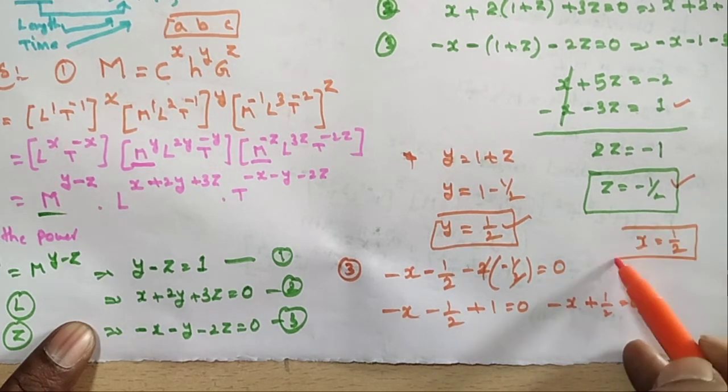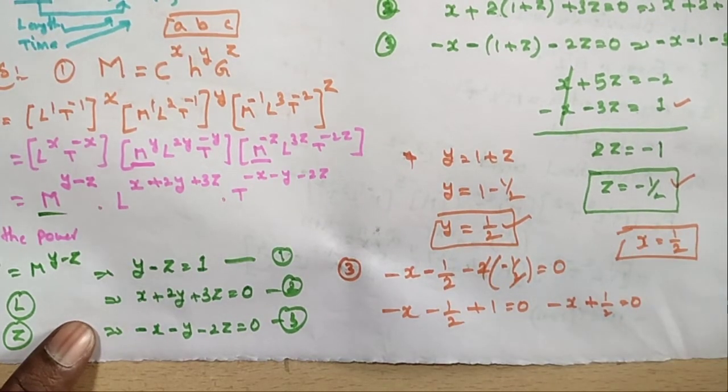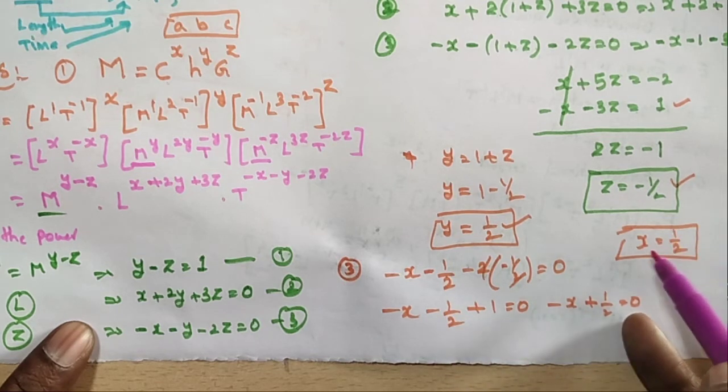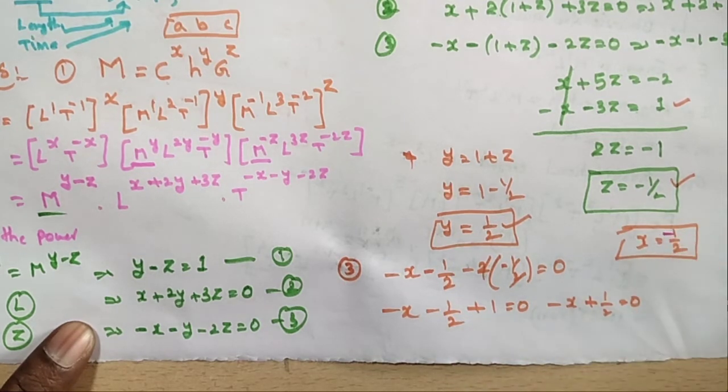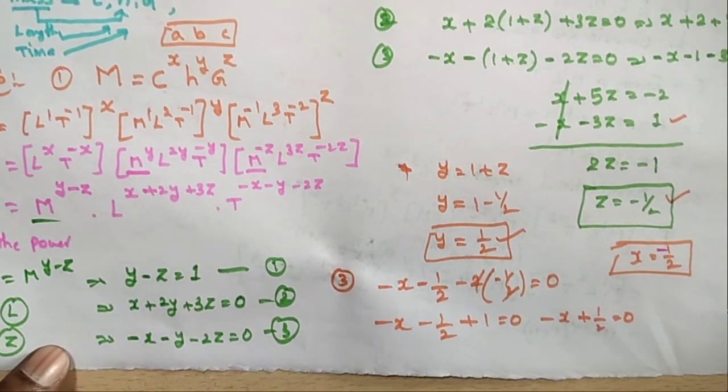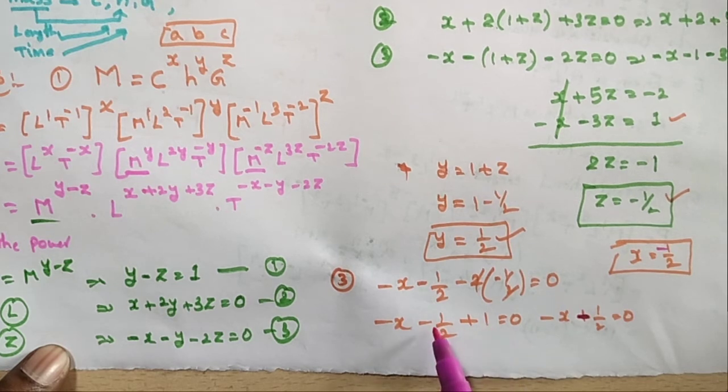So what are the x, y, z values? Here what is the x value? Minus x is going to the other side. In this one you calculate x: minus 1 by 2 plus 1 by 2.